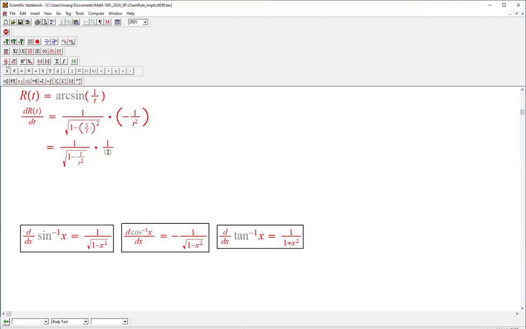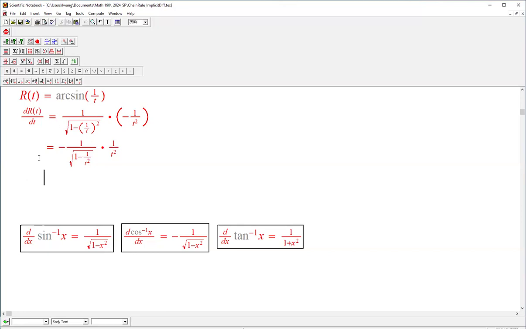We're going to bring the negative sign to the front. Actually, this can be considered the end of this question. If we really want to reduce it, you could.